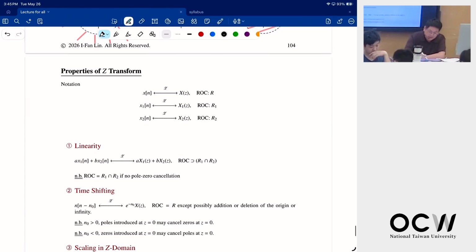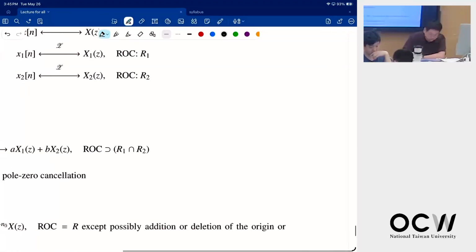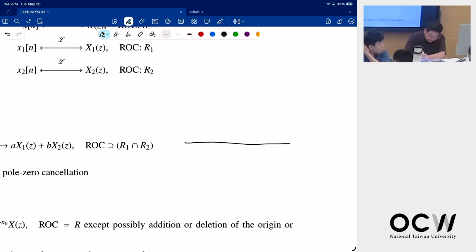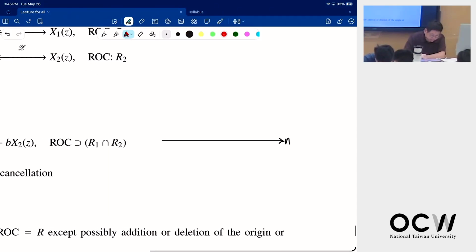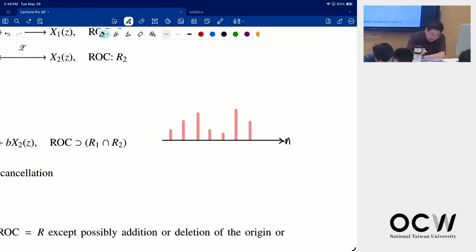So if I draw that, suppose this is n, and then I have this one, this one. If my index is 3, 2, 1, 0, minus 1, minus 2, minus 3.